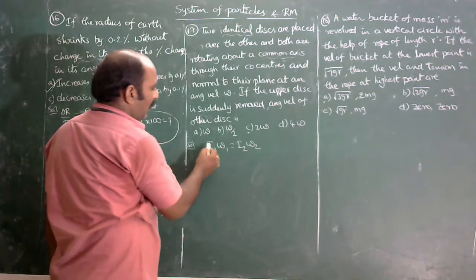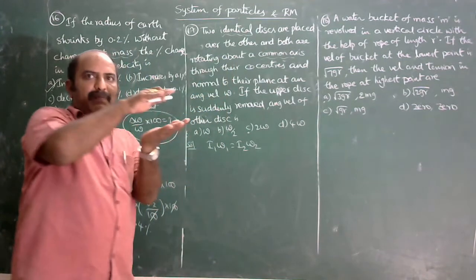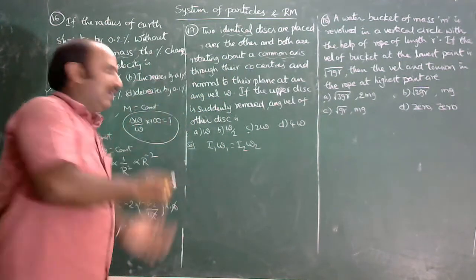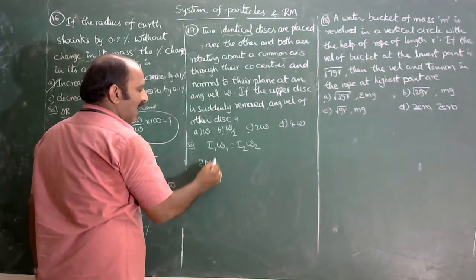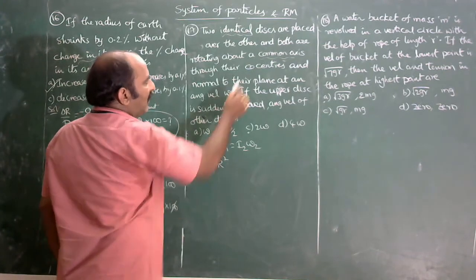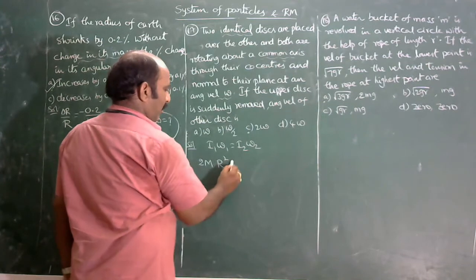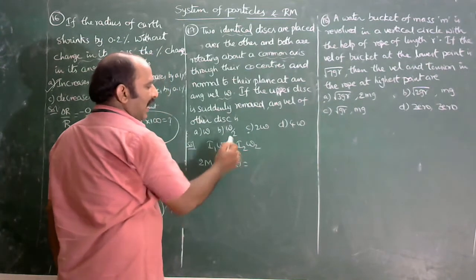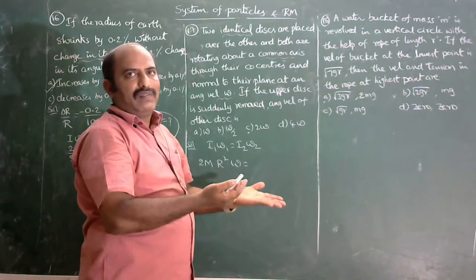Here I is equal to m into r square. Initially, two disks are placed one over another. That means total mass 2m into r square, radius square, into omega 1, initially angular velocity is omega, is equal to, in second case, upper disk is suddenly removed.